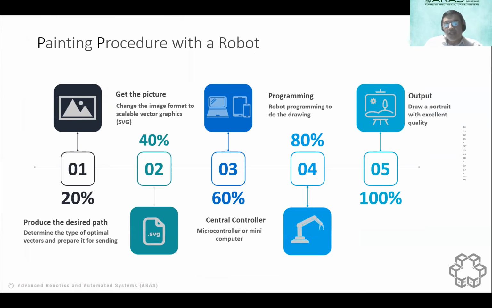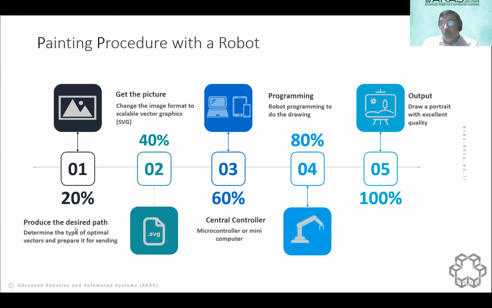How can we paint a picture? This is a black and white picture at this moment. The first thing is we should get the picture, any image, and then we change it into SVG, scalable vector graphics.